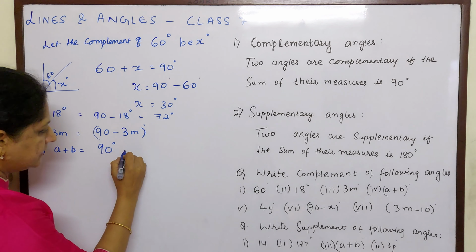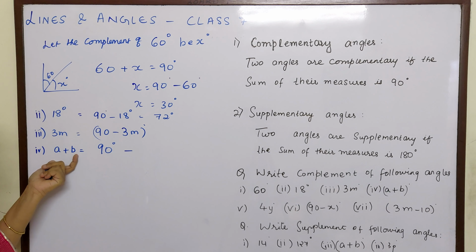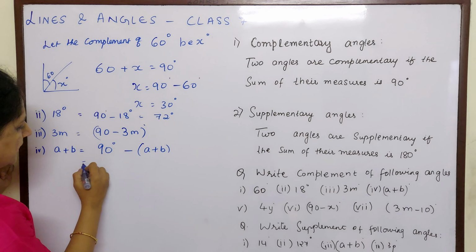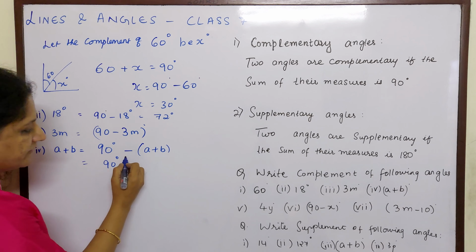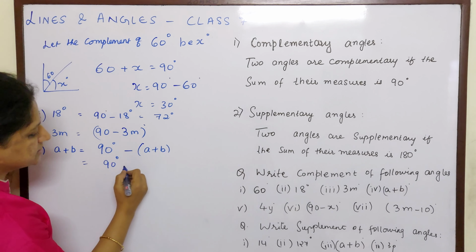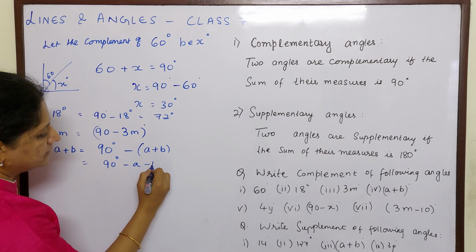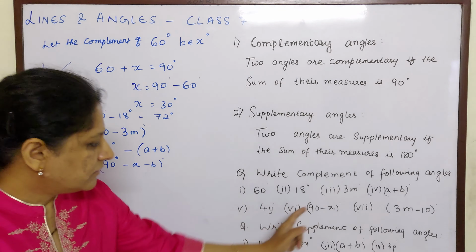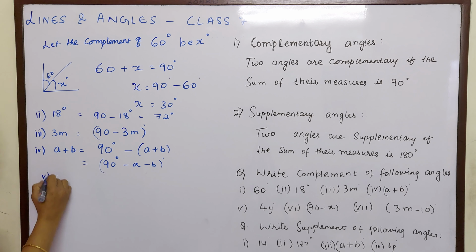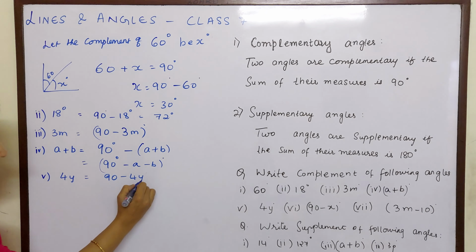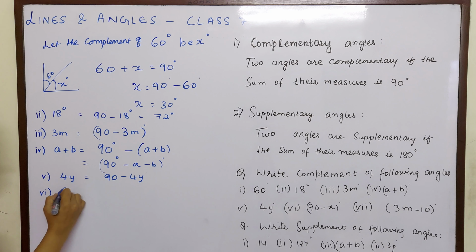So 90 minus a plus b. We will put it in a bracket and then open it. When I open the bracket, the signs will change because outside the bracket it is minus. So minus a minus b will be our answer. Next, 4y: 90 minus 4y.